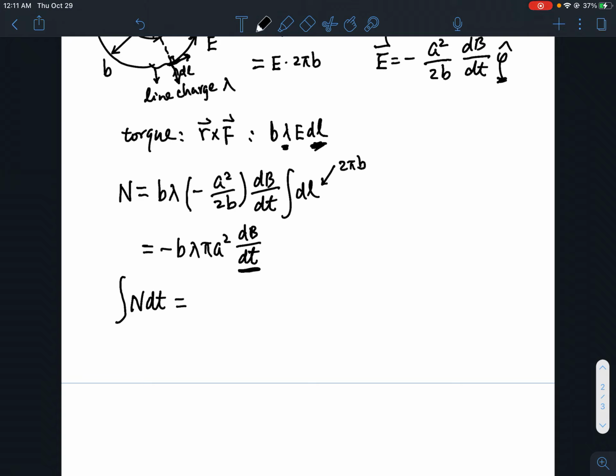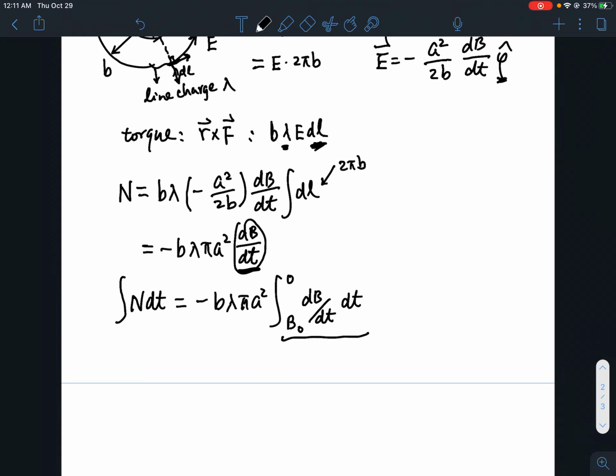So this is lambda pi a squared, and we just integrate dB: originally it is B0, and at the end it becomes 0.